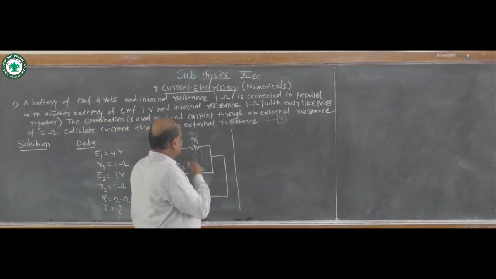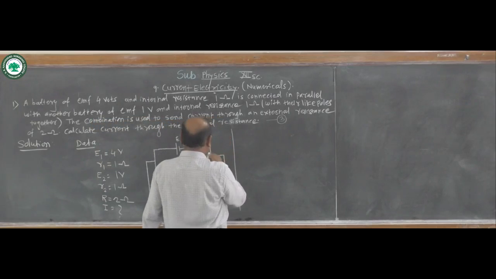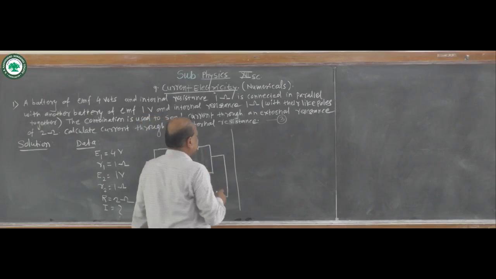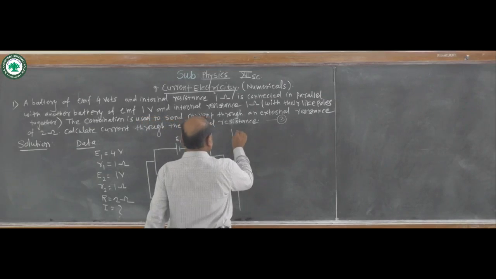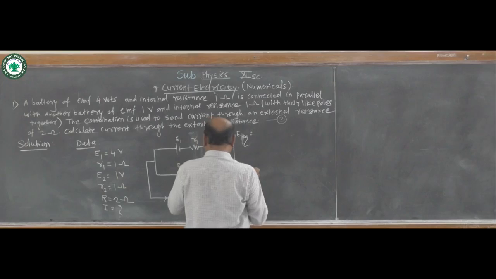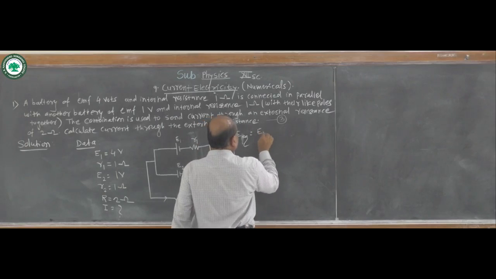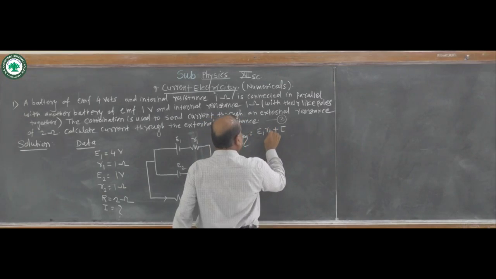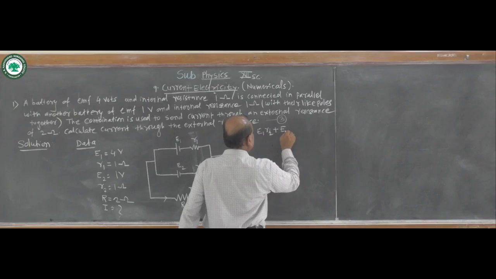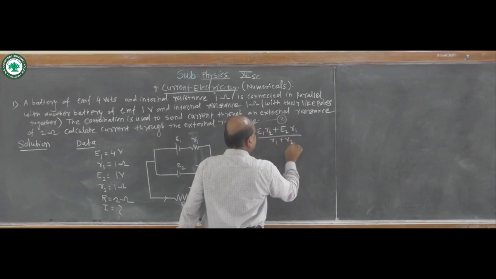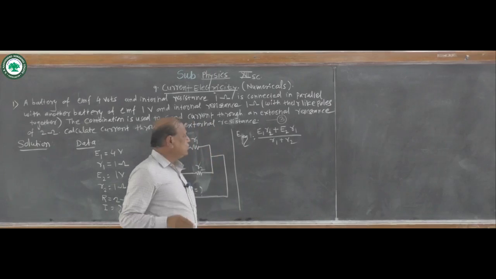Already we studied the formulas to obtain the equivalent EMF and equivalent resistance in a parallel combination. So E equivalent, the EMF equivalent, is given by E1 R2 plus E2 R1 divided by R1 plus R2. Put these values.